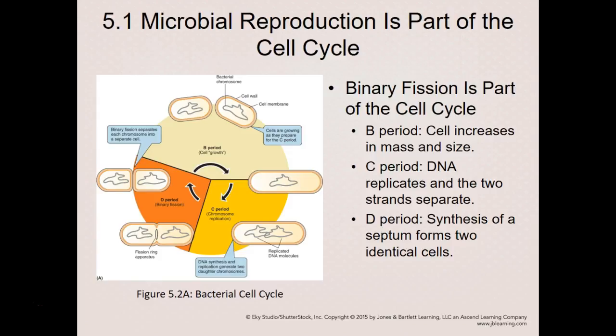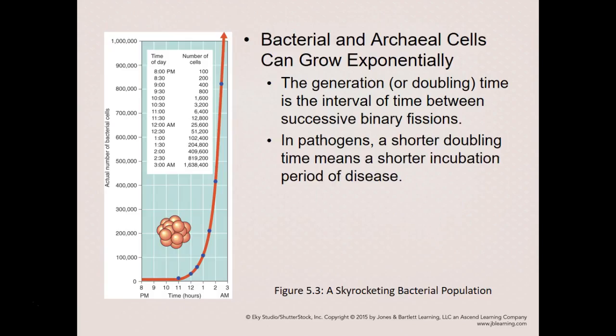Microbial replication can be very rapid compared to eukaryotic replication. Microbes do double in number, and they typically double exponentially. So one cell becomes 2 cells, 2 cells becomes 4 cells, 4 cells becomes 8 cells, 8 cells becomes 16, 32, 64, 128, and you can just go on and on and on.